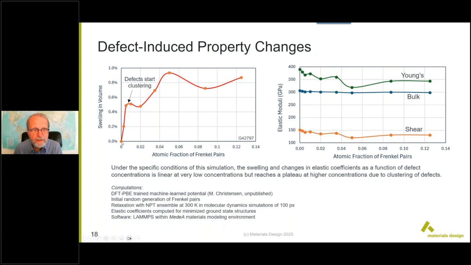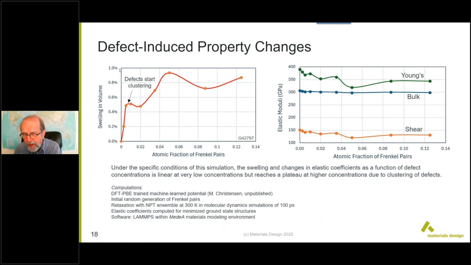So what you see is that at the very beginning, when the defects are isolated, you get linear behavior, as you might expect. But very soon, you deviate very dramatically from the linearity, and you're entering a regime that ends up with some sort of plateau, in the case of tungsten, close to about 1% of volume expansion.